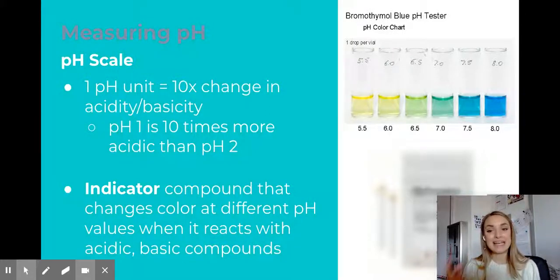And we use something called an indicator. An indicator is a compound that changes color at different pH values when it reacts with acidic or basic compounds. A really good example of this is bromothymol blue.